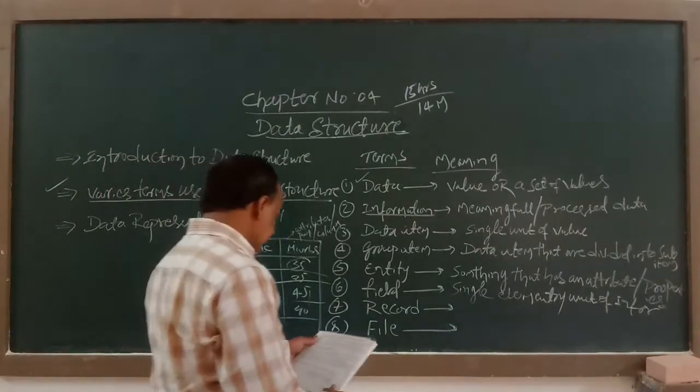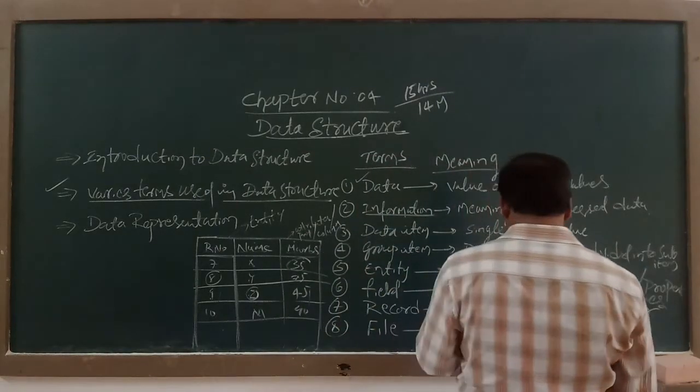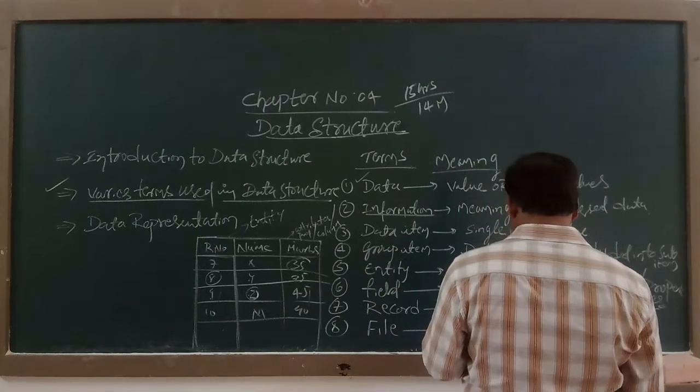And what is a record? A collection of field values of a given entity.